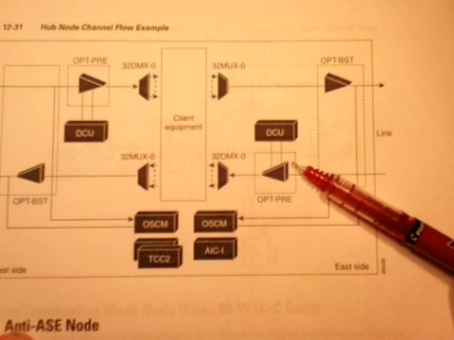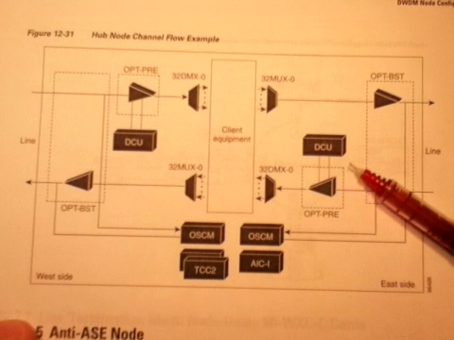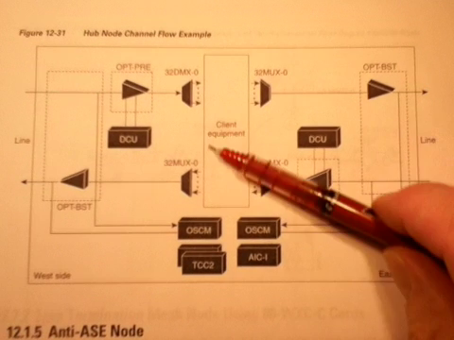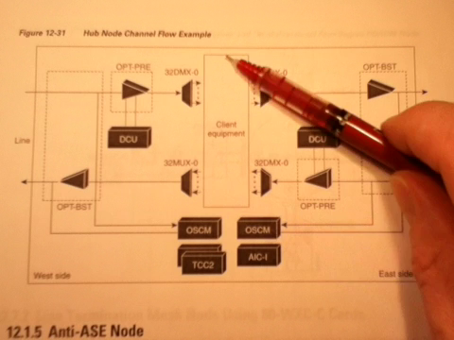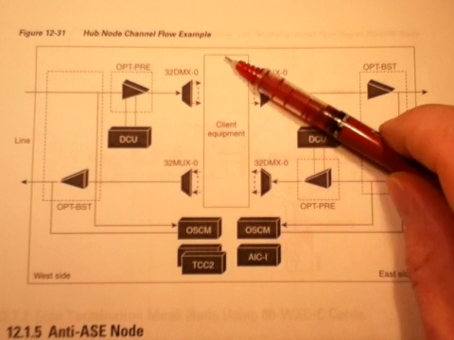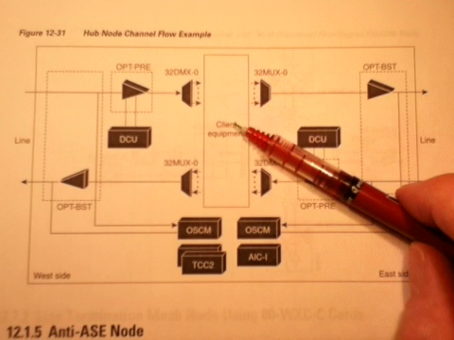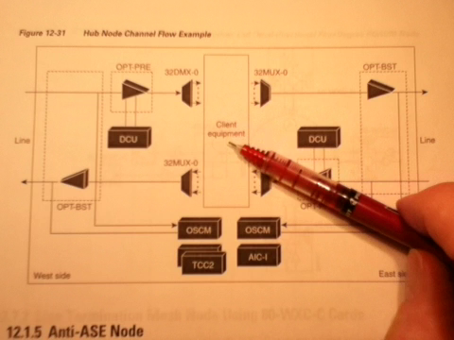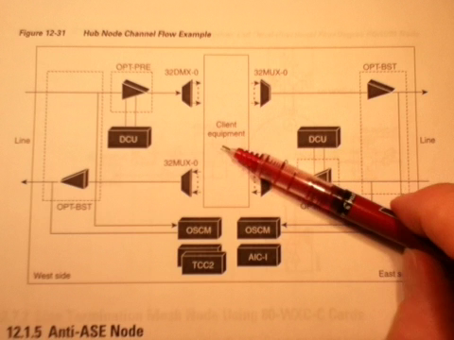Here is a hub node example. A hub node is the very simplest one where we've got a bunch of client equipment. We've got a bunch of SONET gear, in other words, and we have gigabit Ethernet and SONET OC3s, OC12s, and OC48s, and maybe some digital video coming in and going out.